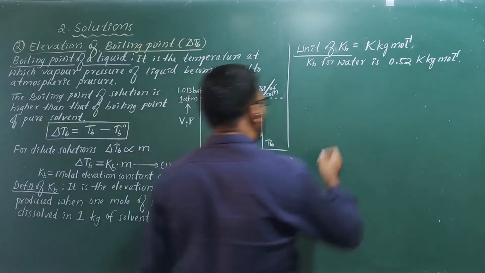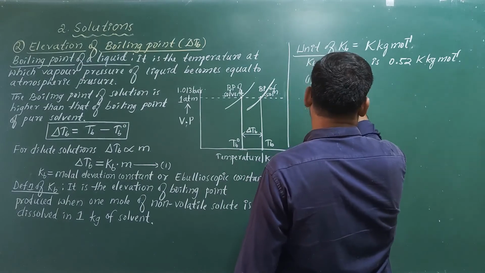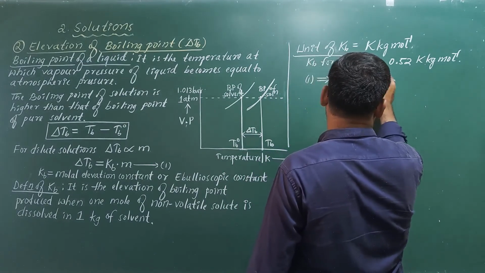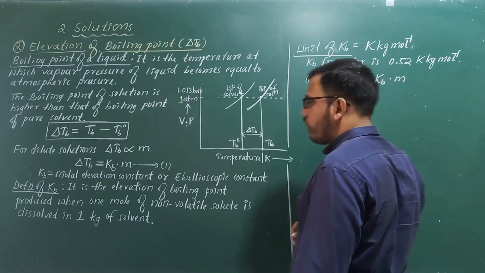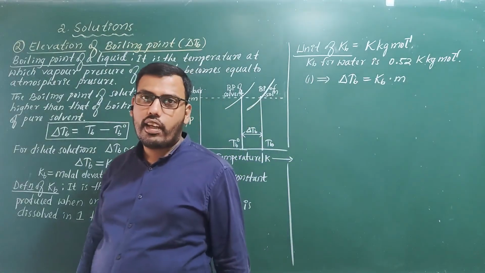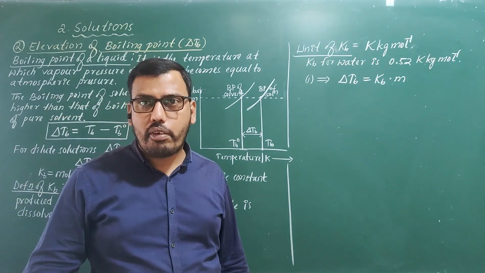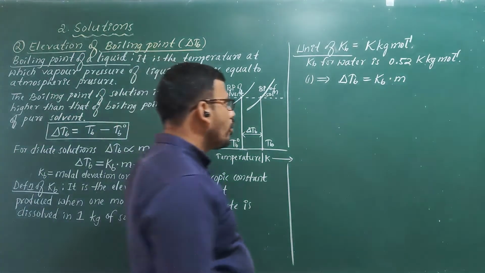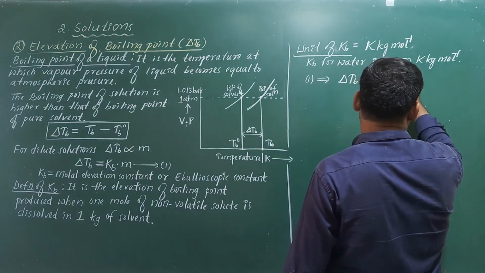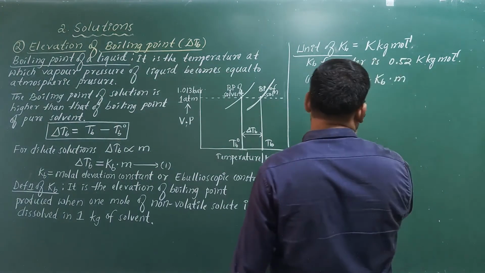Okay. So now see our equation 1. Delta Tb is equal to Kb into small m. What is small m here? It is molality. Hope you remember the expression for molality. So I am going to substitute the expression of molality in this equation 1.